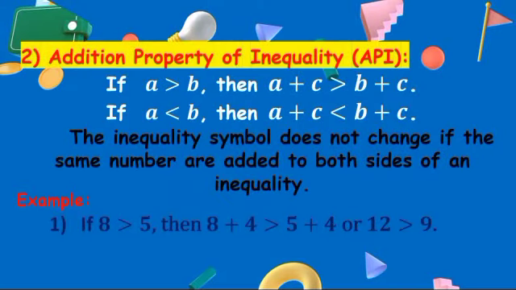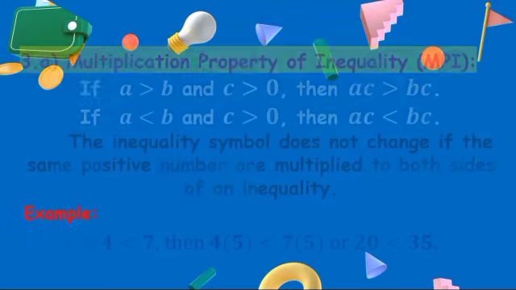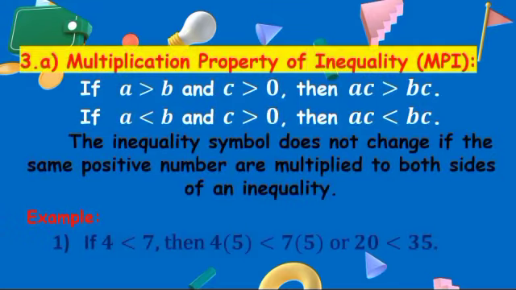Number 2, addition property of inequality. If A is greater than B, then A plus C is greater than B plus C. If A is less than B, then A plus C is less than B plus C. Number 3, multiplication property of inequality.